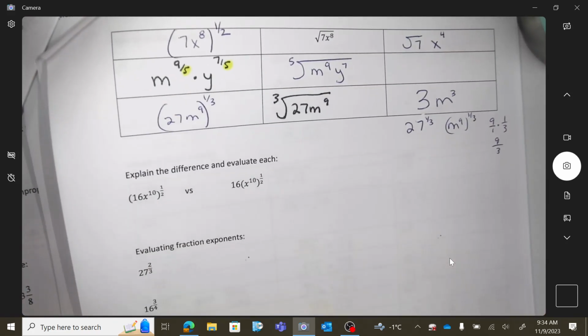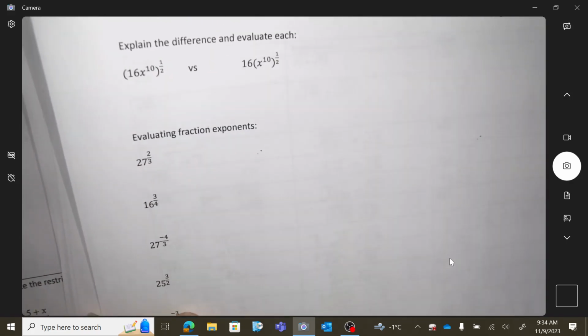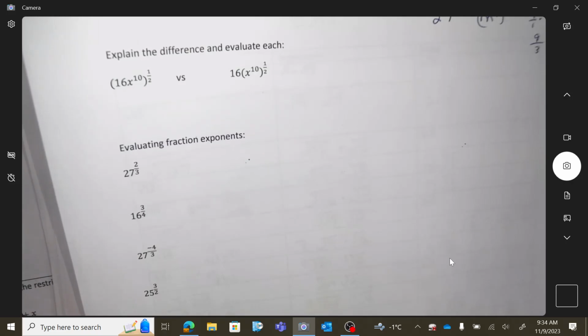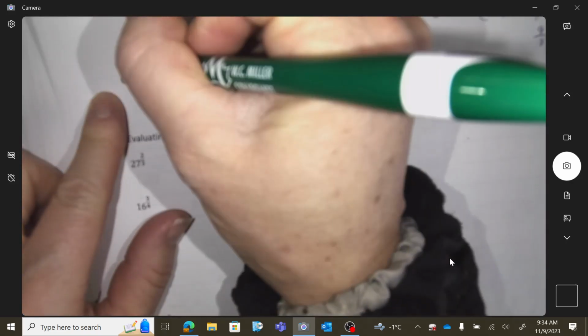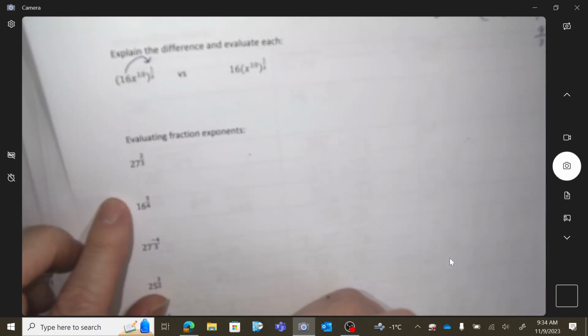Okay, this is it for today. I just want to explain the difference between these 2 questions. Okay, so here, the coefficient has to get applied there.